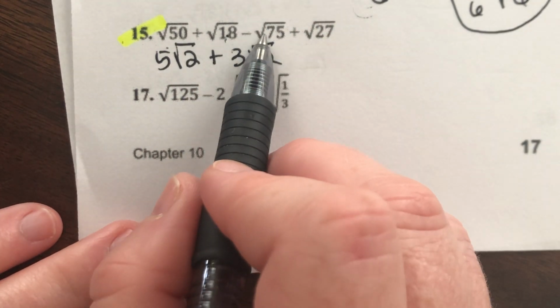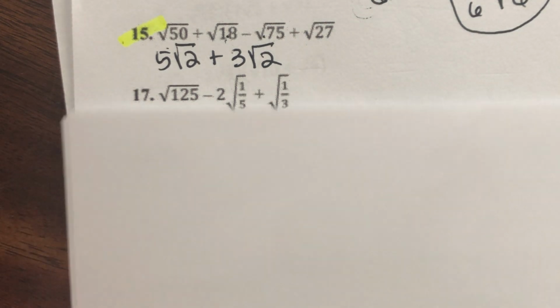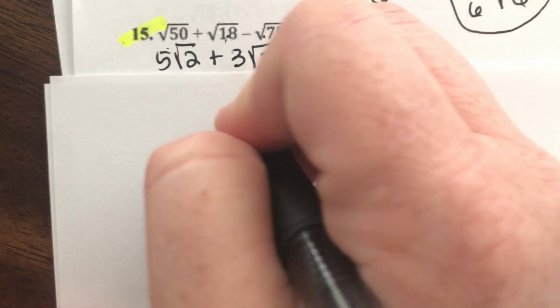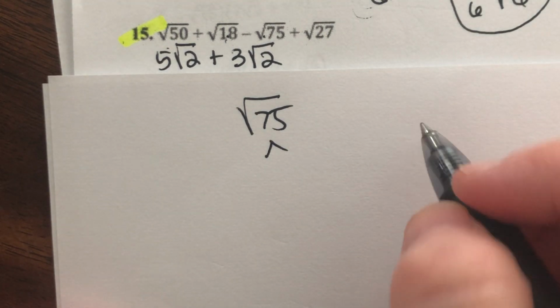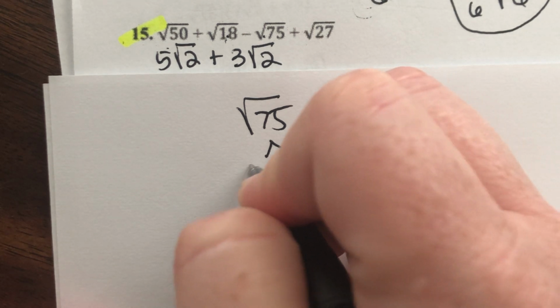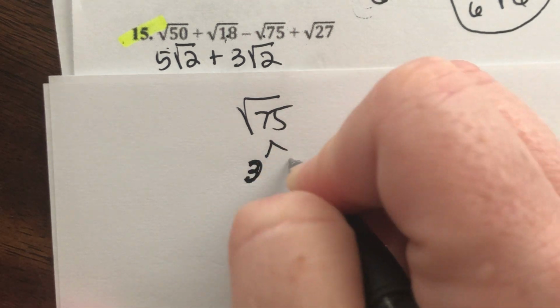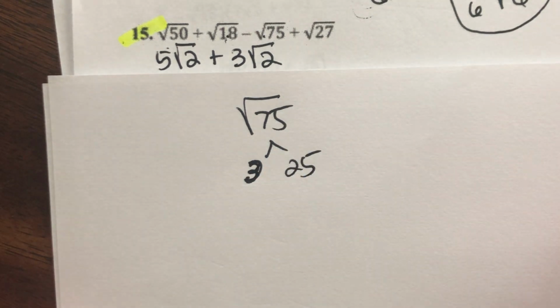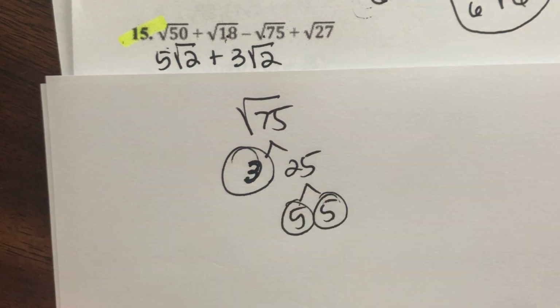Now I've got minus the square root of 75 plus the square root of 27. So I want to simplify square root of 75. So I can do, what is that, 5 and 15. I could do 3, let's do 3 and 25. You could do 5 and 15 too. You're going to end up with the same numbers. 5 and 5.